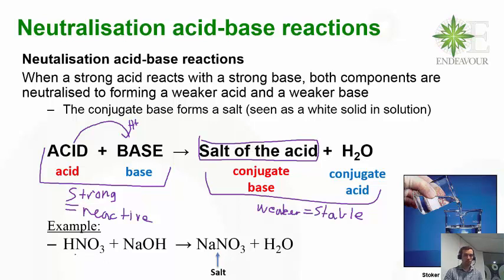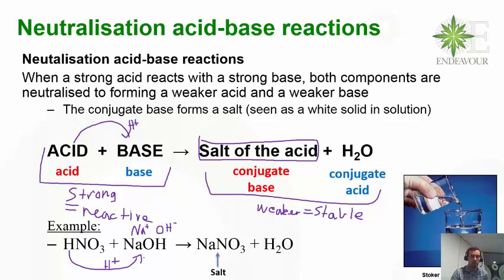The H+ on the acid on the left-hand side is given away to the strong base here, which is sodium hydroxide, NaOH. In doing so, it separates the two components, which are Na+ and OH-.